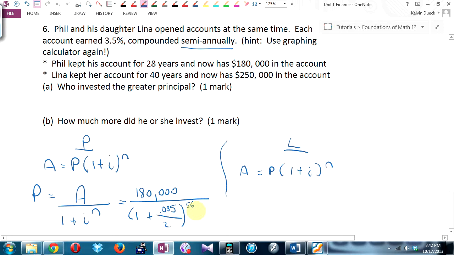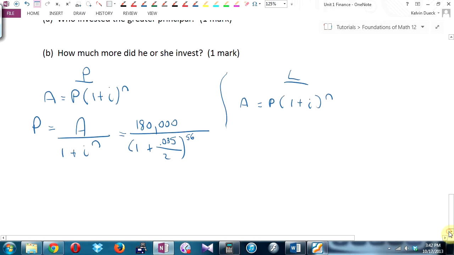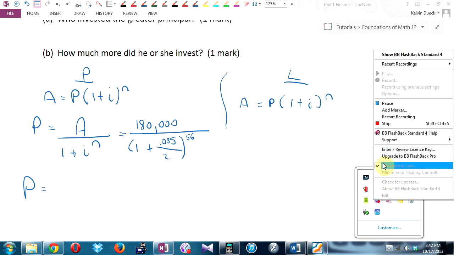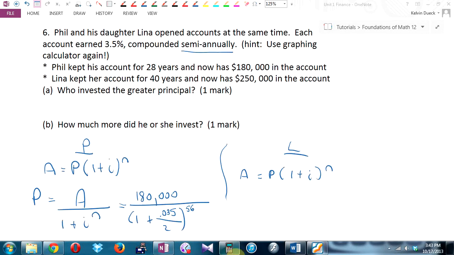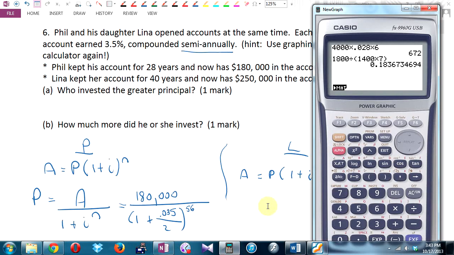What did Phil start out with? Go to your calculator now. We've got numbers everywhere except on the answer. Let's crunch this. It's going to be 180,000 divided by 1 plus 0.035 divided by 2, semi-annually.